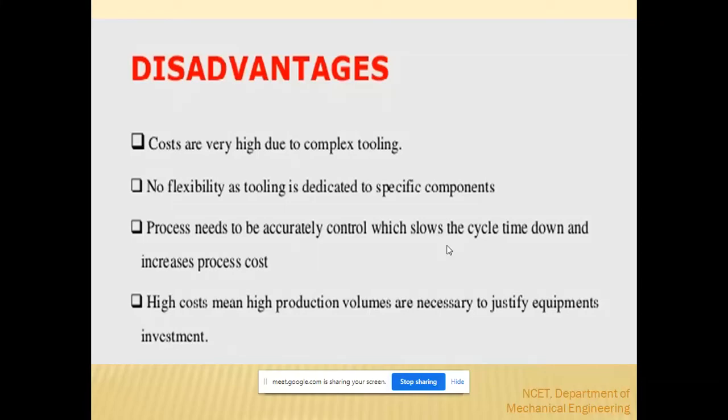Where the particulates are more and uniformly distributed, the strength and other parameters are high; where the particulates are very few in a component, the strength is going to be less. It means that feeding or processing needs to be very accurate, right? Then high cost means high production volumes. If you want to go for mass production, again we require large components, I mean large size components. That was the other disadvantage.